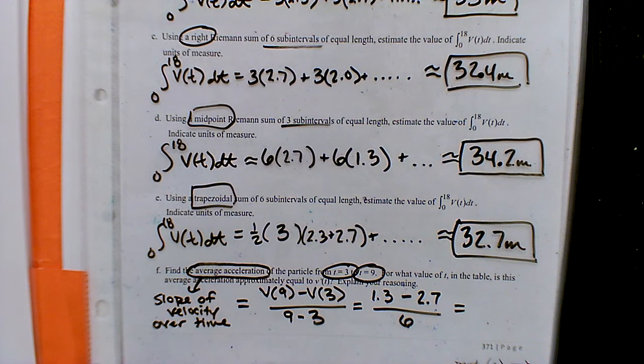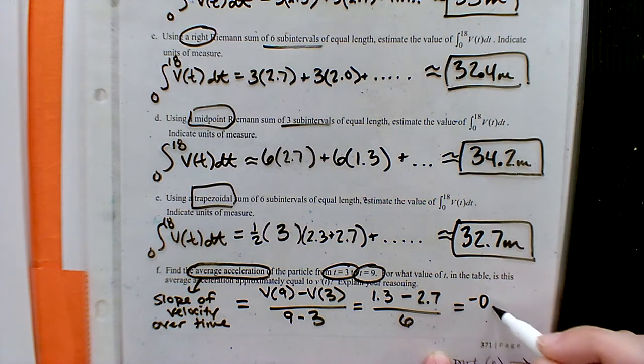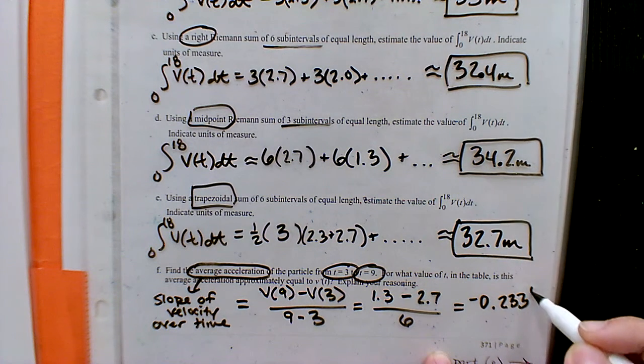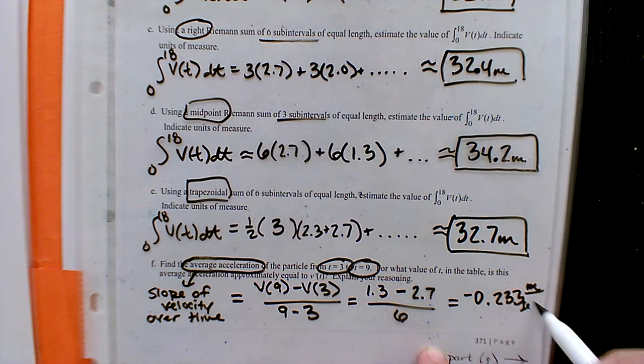So using your calculator, what can we write as the average acceleration over that time period? With units, because we know what those are. I like it. Meters per second squared.